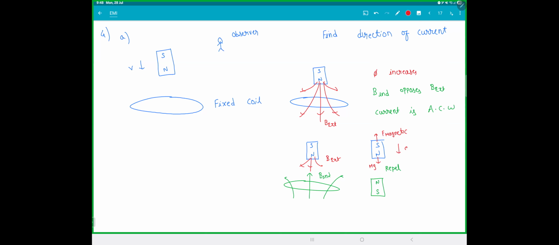Therefore, this acceleration will be less than g. So if you take a magnet and leave it, this would be a proper mains level question. What will be the direction of the current and what will happen to the acceleration? Equal to g, greater than g, less than g. It will be less than g. So the magnet actually slows down. Clear with this?